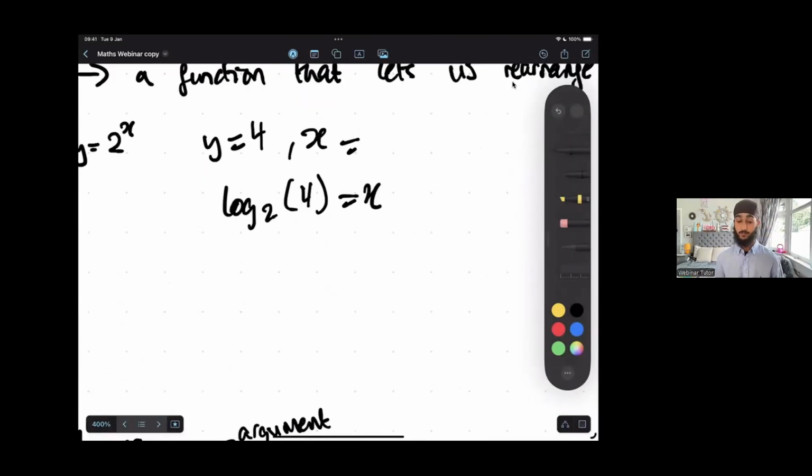So logarithms are formed by using the keyword log, standing for logarithm, a base number, which represents what the base of the power would have been in the original equation, an argument, which goes inside these brackets, and the argument refers to the original answer of the equation, in this case y, and a return value of the power.